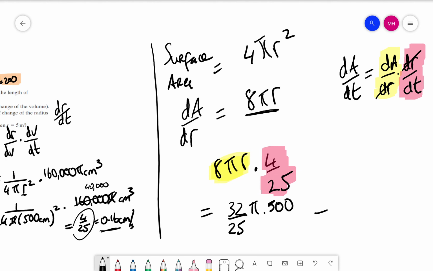So get out your calculator, stick that in really quickly. 32 over 25 multiplied by 500, 640. 640 pi.